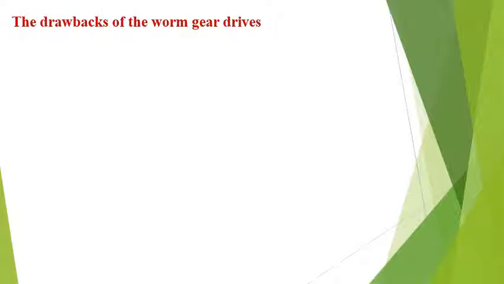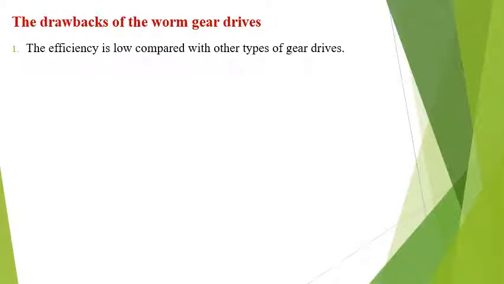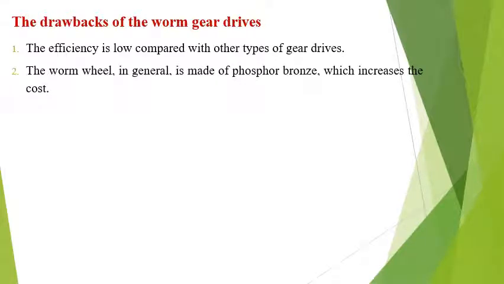Coming to the drawbacks or disadvantages of the worm gear drives. First of all, the efficiency of worm gear drives is low compared with other types of gear drives. This is because there may be losses due to the gearing, or due to the bearings, or other reasons. Therefore, although they offer good speed reduction, their efficiency is low.